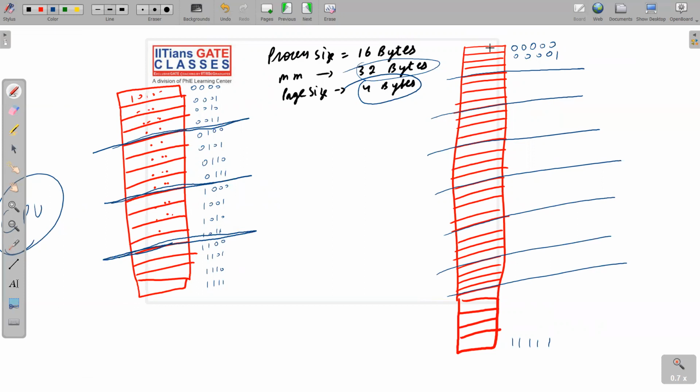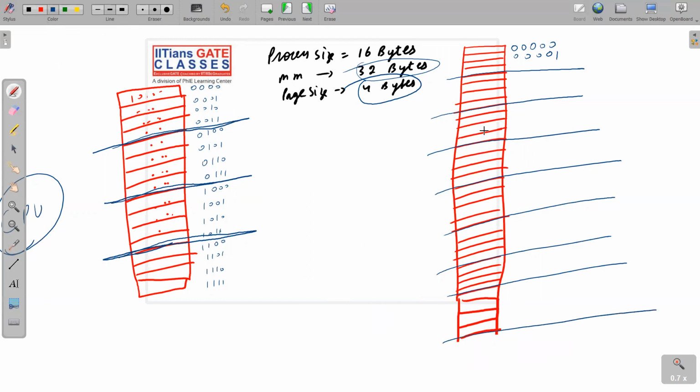Okay, so I think there is some mistake. The last one I have to delete. No problem. I will simply delete this. So these are the 32 bytes.